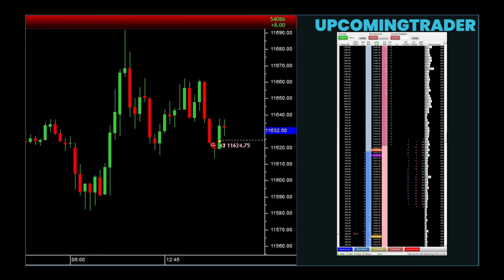A balanced day, characterized by a bell-shaped TPO profile, often presents reversion opportunities, allowing traders to buy near the value area low and sell near the value area high. Look for P-shaped and B-shaped profiles as well.